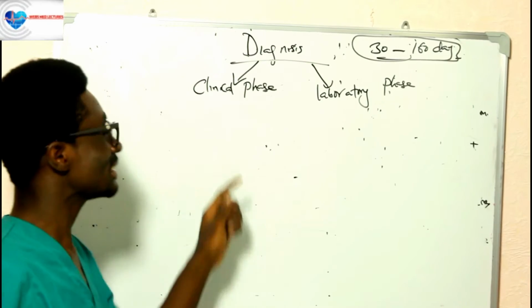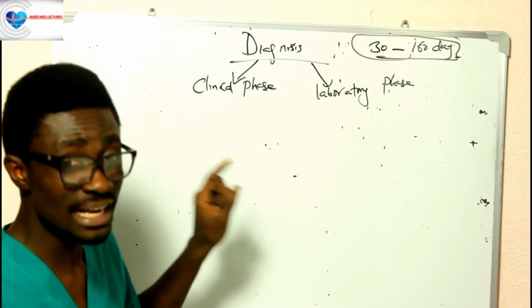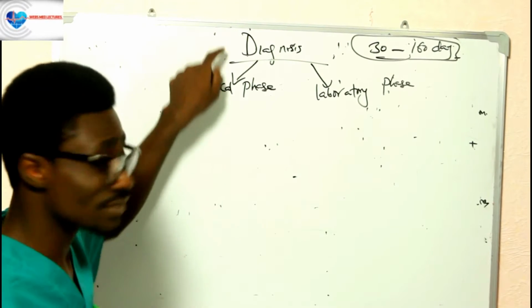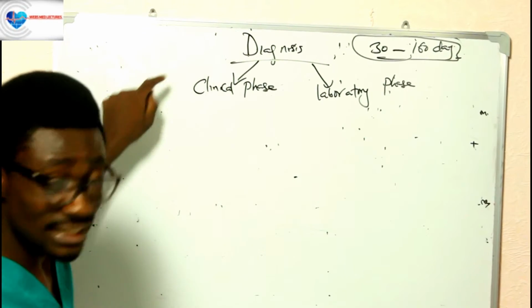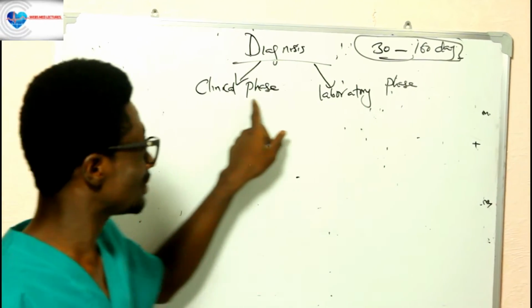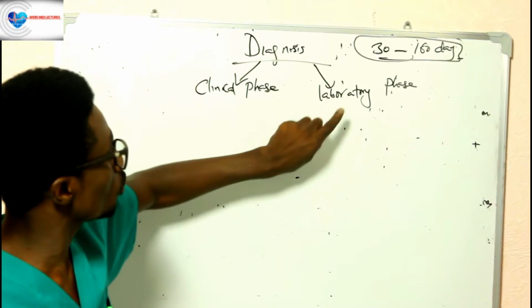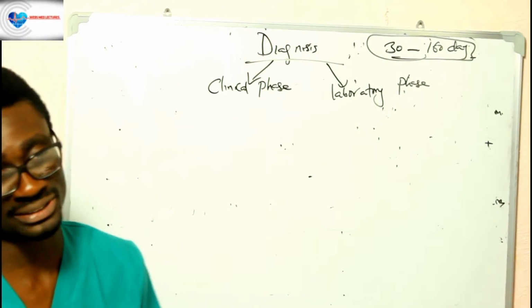These things work hand in hand. You understand? It's very important for you to start with your clinical phase of diagnosis before you confirm your clinical diagnosis with laboratory investigation, because the laboratory phase helps to confirm the clinical phase of the diagnosis, guys.